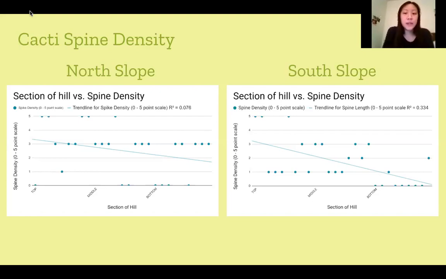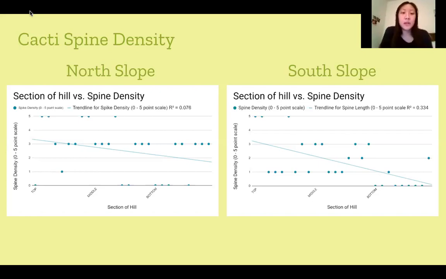But in comparison, the north slope didn't really have as strong of a trend line. The R-square value was only 0.076. That was mainly because a lot of the cacti, even those found towards the middle and the bottom of the hill, had pretty medium density spines. We think that might be because there were a lot more spots that lacked other vegetation besides cacti.